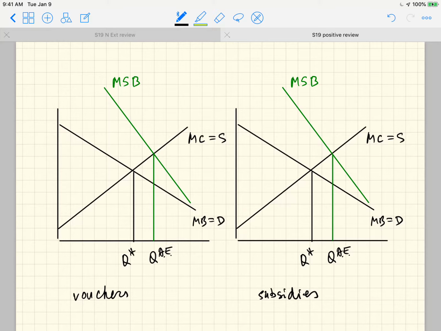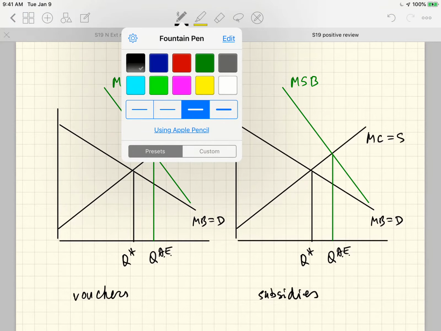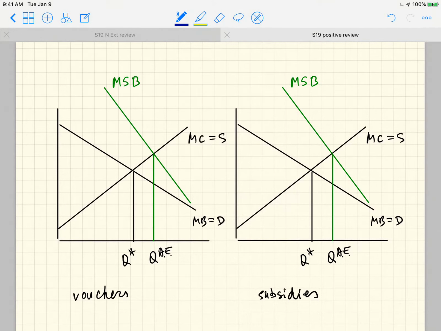And well, vouchers and actually subsidies is the opposite of taxes. So if you recall, when you're taking money from consumers, then demand curve shifts down. So, well, when you're giving people the money, then the opposite happens, which is an upward shift in the demand curve. And well, our goal is to move this equilibrium to this equilibrium.